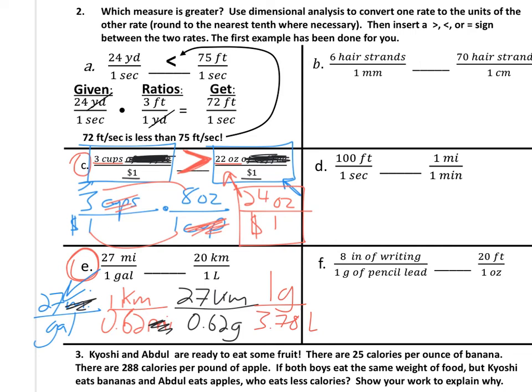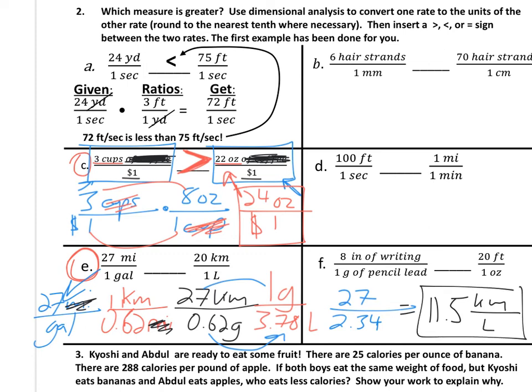So my last multiplication here is going to be 27 times 1, over 0.62 times 3.78, which is about 2.34, and if I plug that into my calculator, I get about 11.5 kilometers per liter. Well, 11.5 is a lot less than 20, so I can just put in a less than sign.